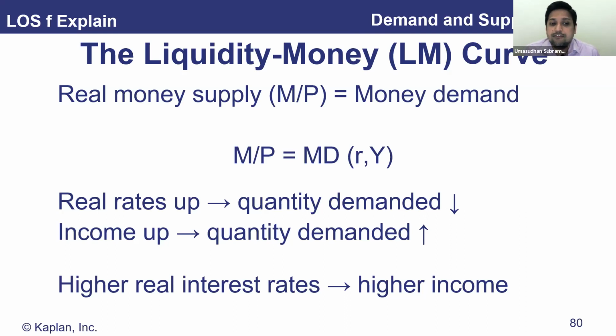So real interest rates going up means your quantity demanded for money decreases. And when your income is going up, your quantity demanded would increase. So basically, at the end of the day, if your real interest rate is more, you are going to have higher income.